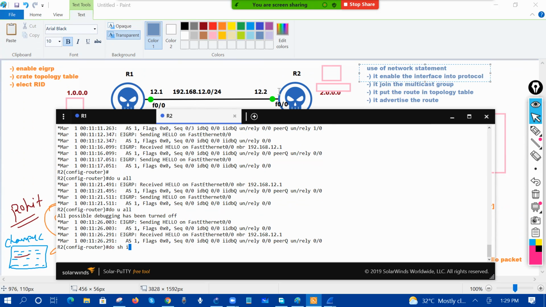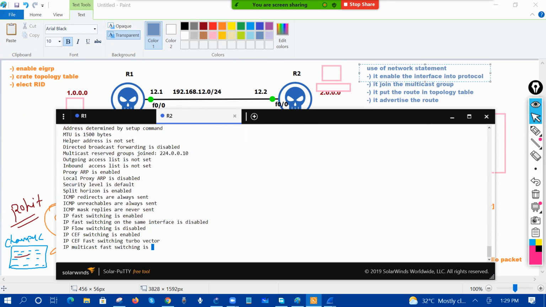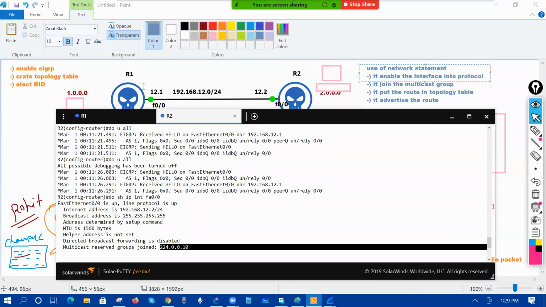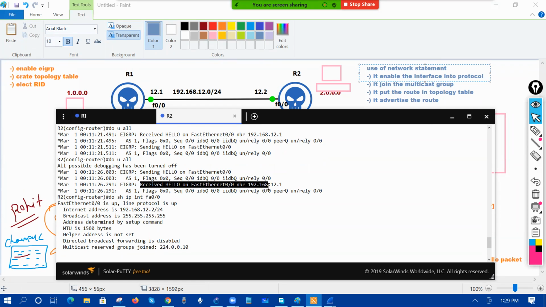If you do show ip interface 0/0, all good. So now this router understands the EIGRP packet because this multicast group is reserved for EIGRP. And now when R1 is sending the hello packet to R2, R2 is receiving from my neighbor 12.1.